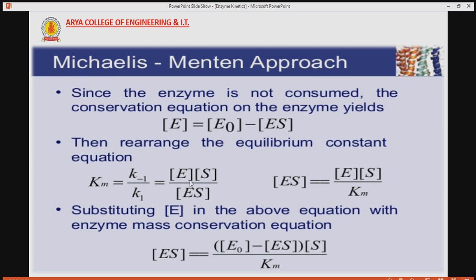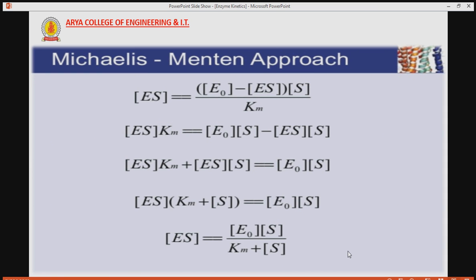So the equation we get is Km equals E into S upon ES. If we replace E by E naught minus ES, we will get the equation ES equals E naught minus ES into S upon Km.